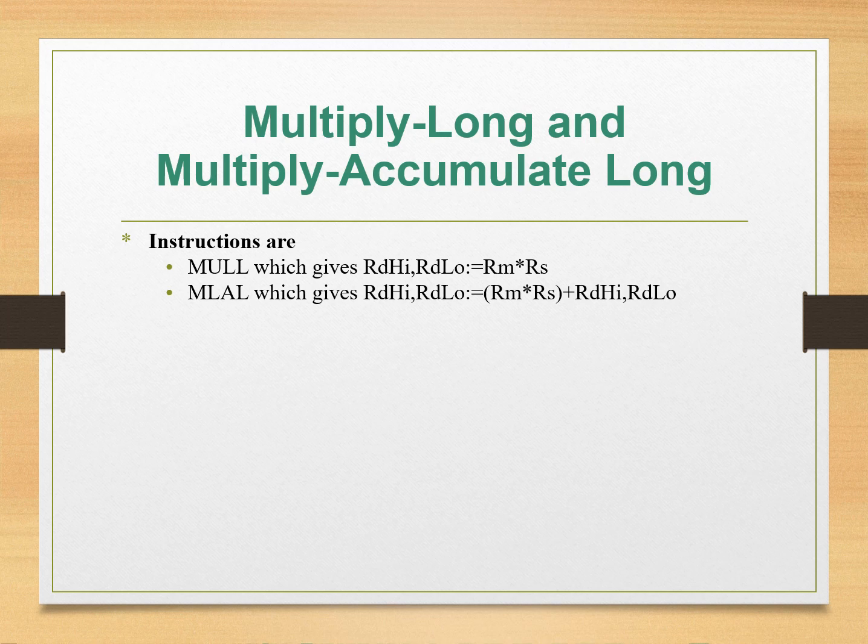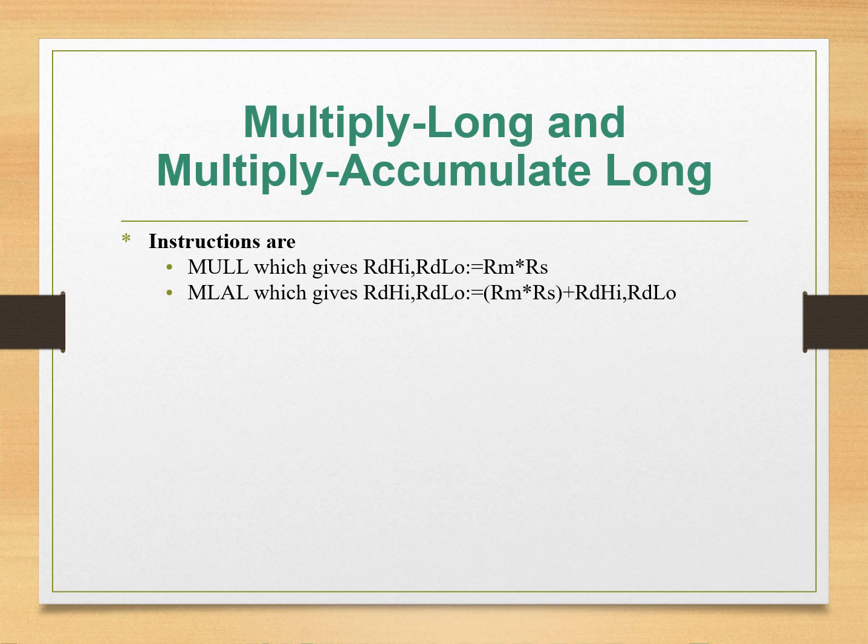Okay, this is multiply long and multiply accumulate long. This is the MULL instruction, which gives two destination registers. You can multiply RM and RS.